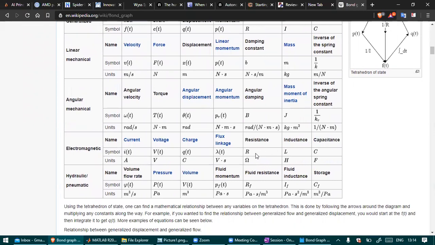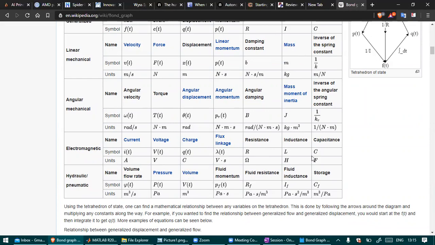And for electromagnetic system, we have resistance, equivalent to damping, inductance, equivalent to mass, and capacitance, equivalent to spring, or basically inverse of a spring. For hydraulic systems, fluid resistance is equivalent to resistance or damping. Fluid inductance, I'm not very familiar with this, but it's basically the mass per unit volume.